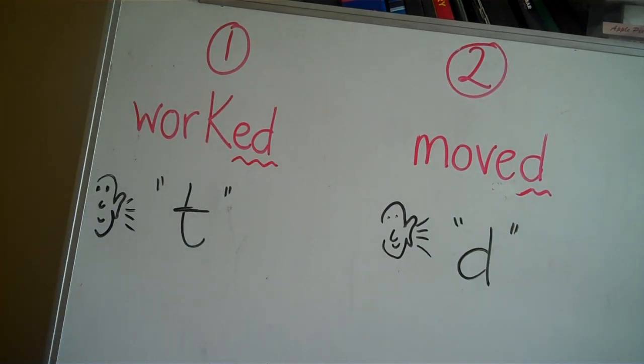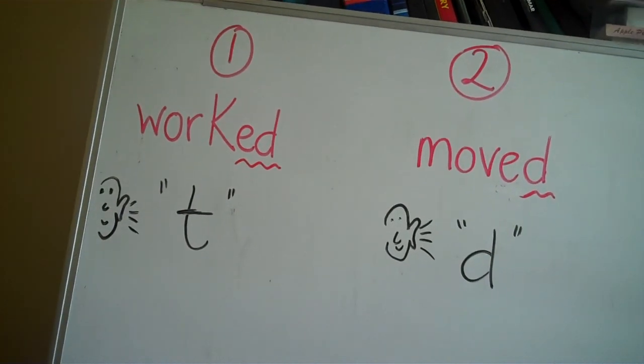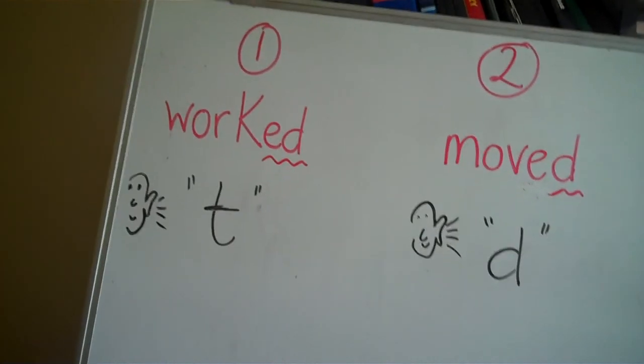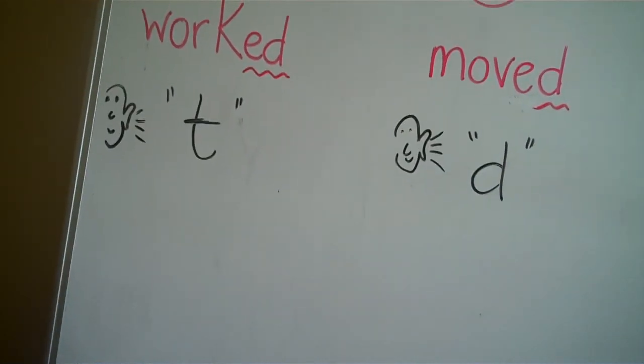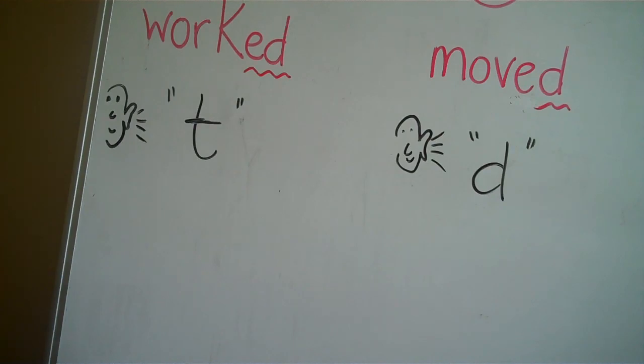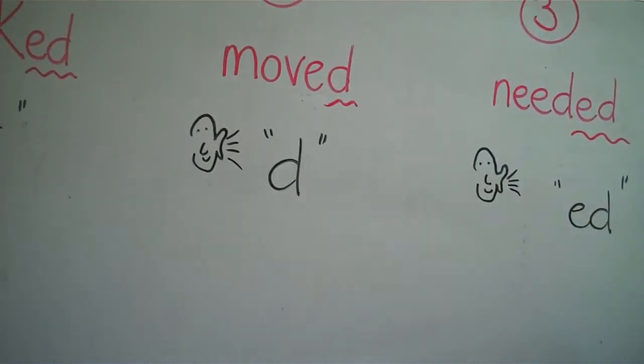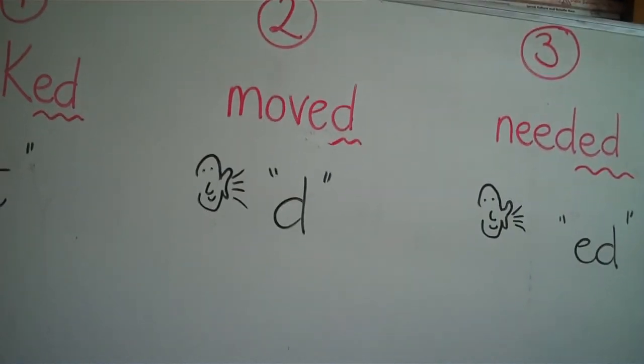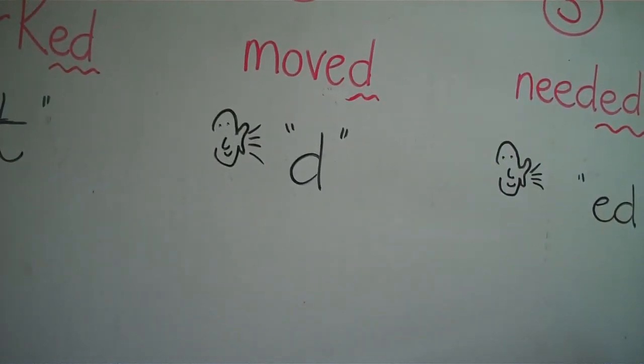Move. If you put your hand on your throat, you feel your throat moving. Moved. So we call these, they have a different name, and I'm going to write the name up for you. When your throat is moving, number 2, we call these voiced.